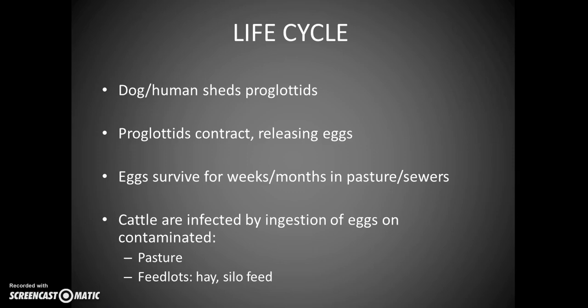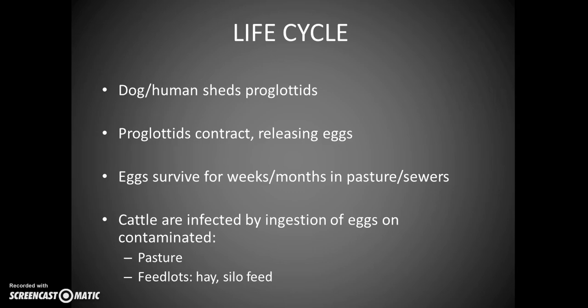So for the life cycle, the dog or the human will shed the proglottids in their feces. Those proglottids will contract, releasing the eggs into the environment, and those eggs can survive for weeks or months in pastures or in sewers located around the cattle. Cattle are infected by ingesting those eggs that are on the contaminated pasture while they're grazing, or in feedlots, hay or silo feed.